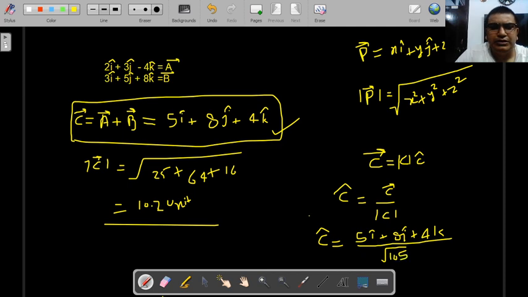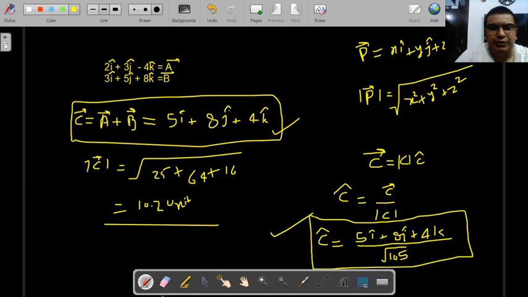Okay, so this is the method of addition of two vectors, and how to calculate the magnitude and the unit vector.